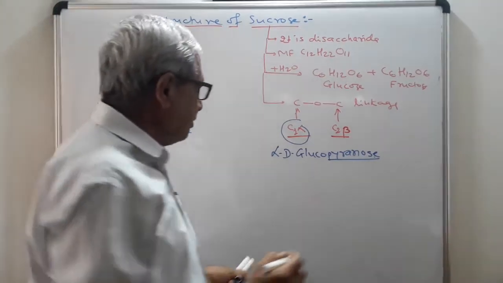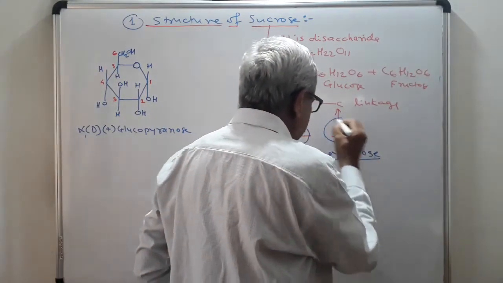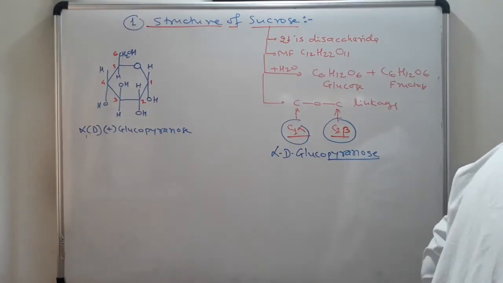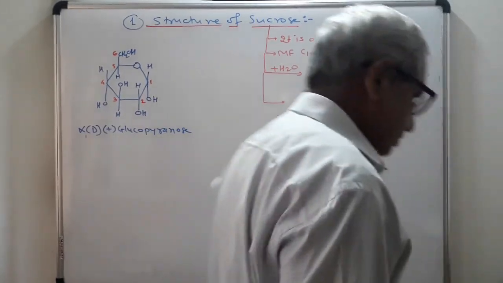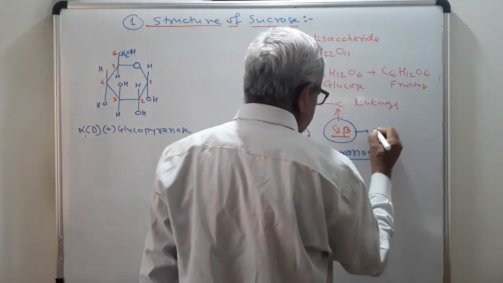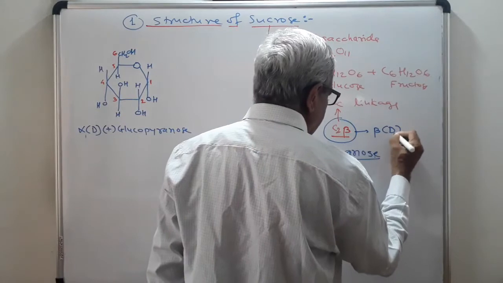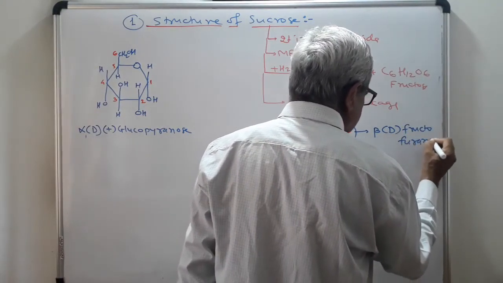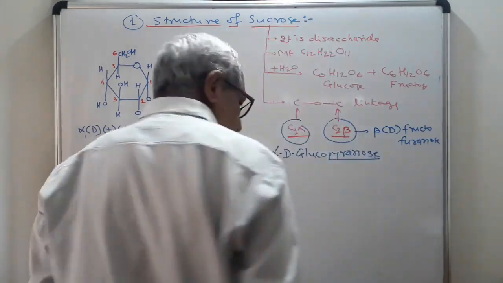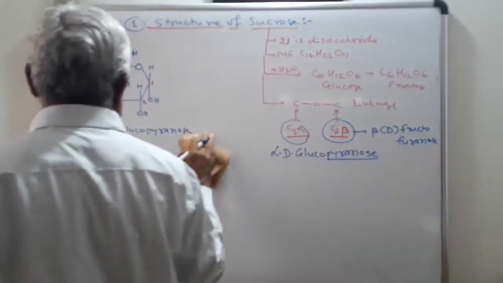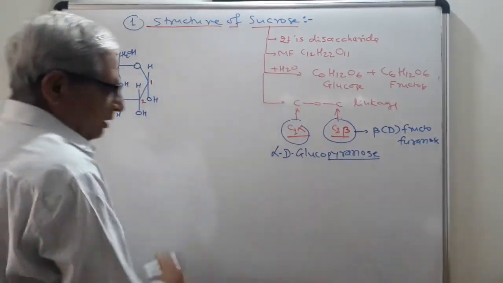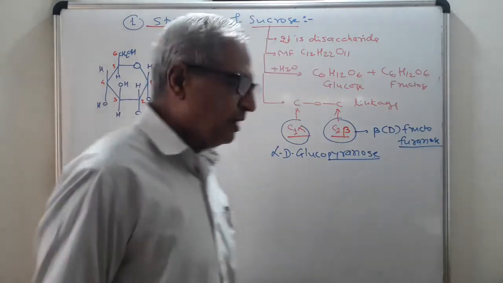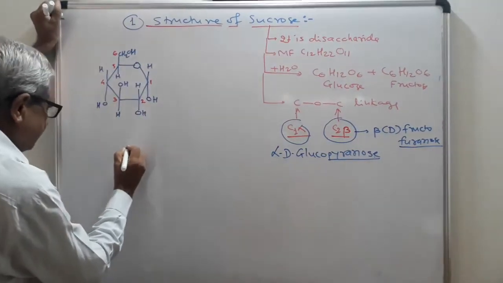Now see the second point here, I will explain this one. C2 beta. This indicates beta D fructofuranose. So I will explain the structure of beta D fructofuranose. The term furanose indicates a 5-member ring containing oxygen.